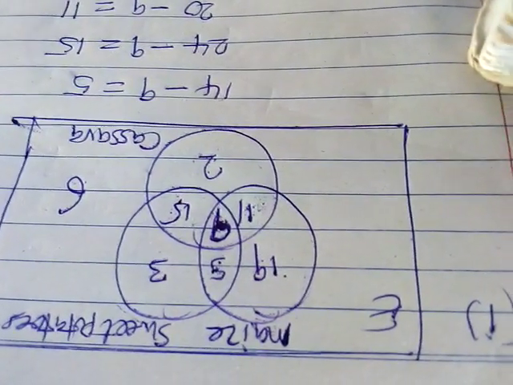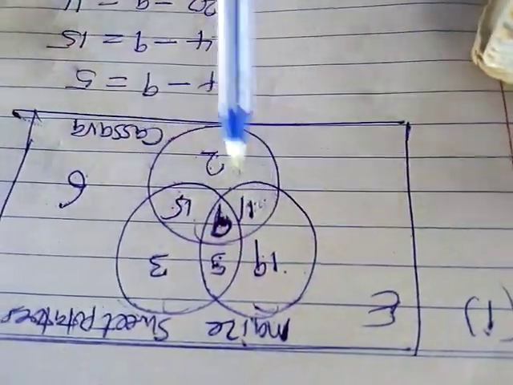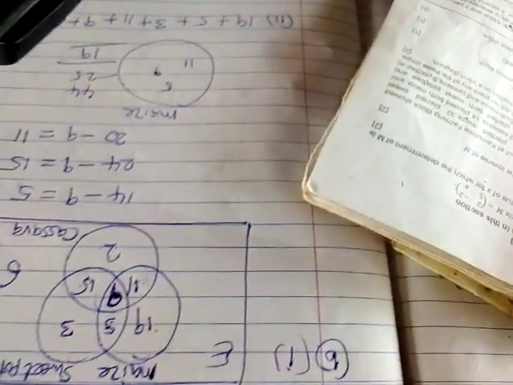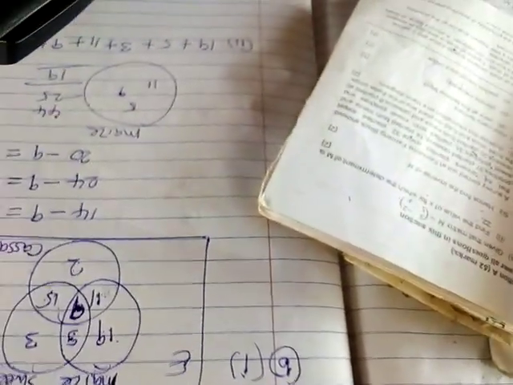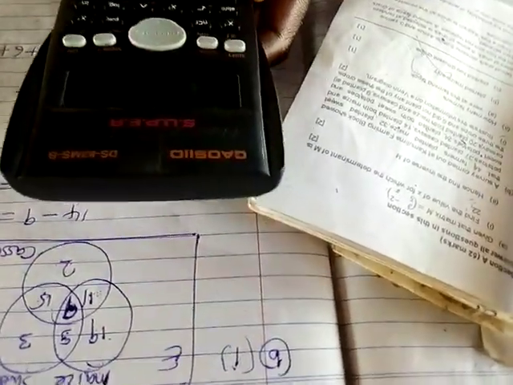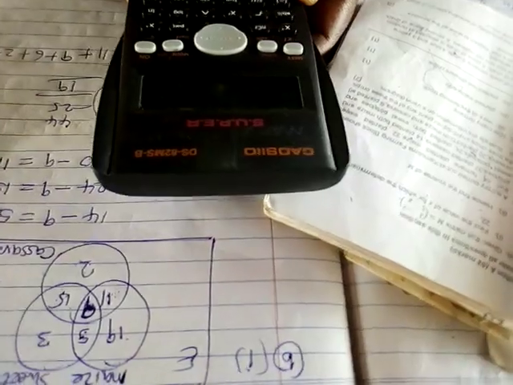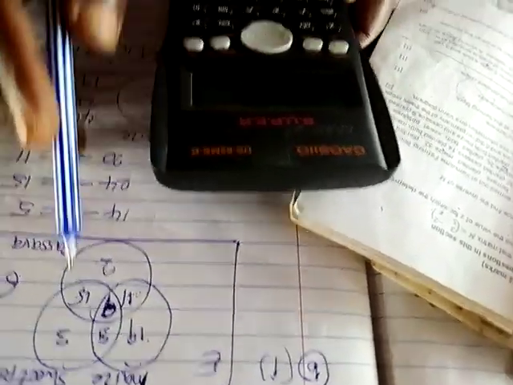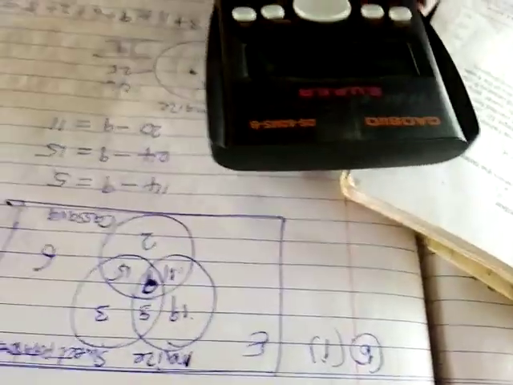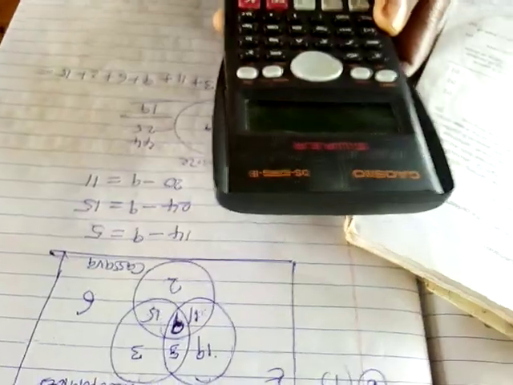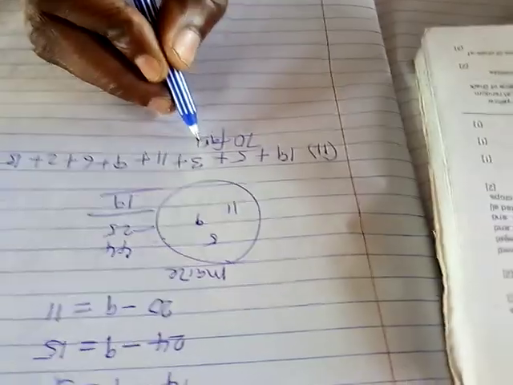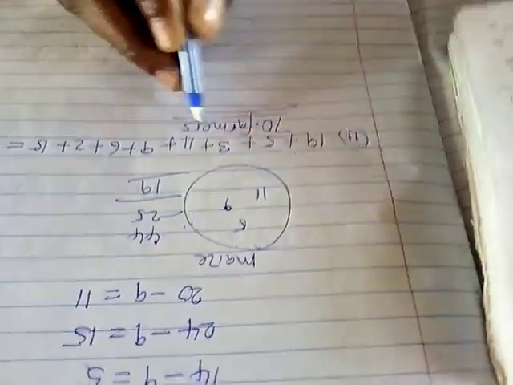That is 8 numbers. Let's add everything: 19 plus 5 plus 3 plus 11 plus 9 plus 15 plus 2 plus 6. You get 70 farmers. So the total number of farmers was 70.